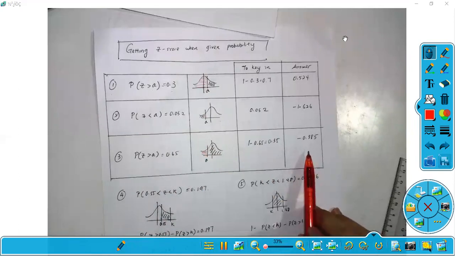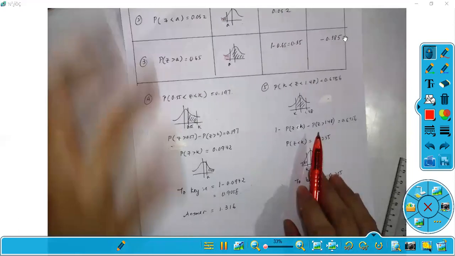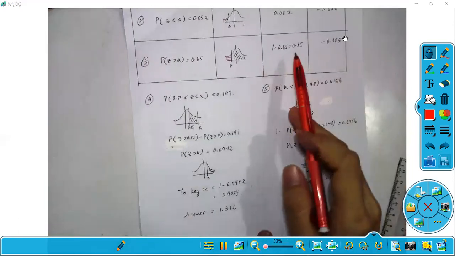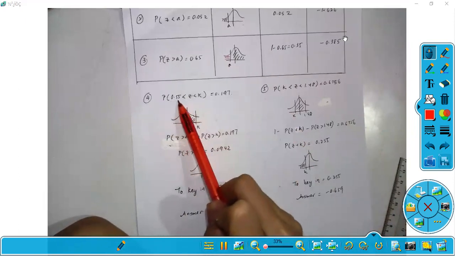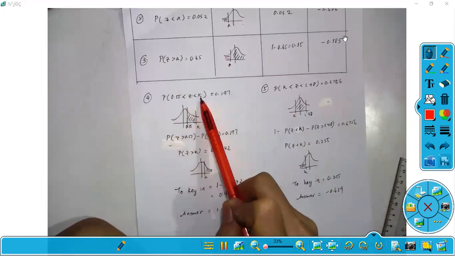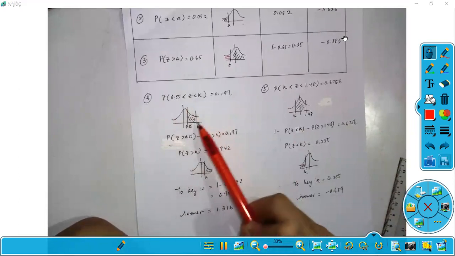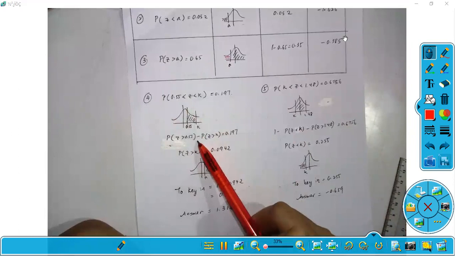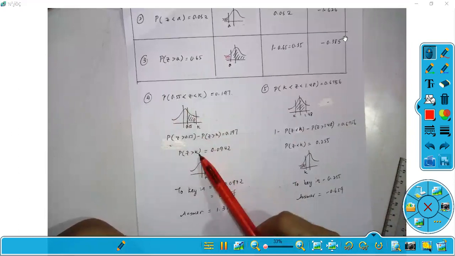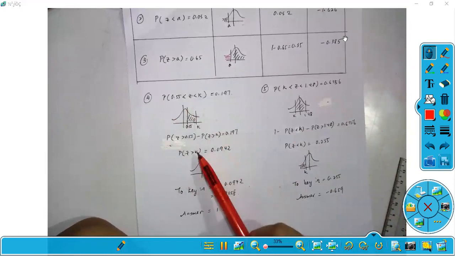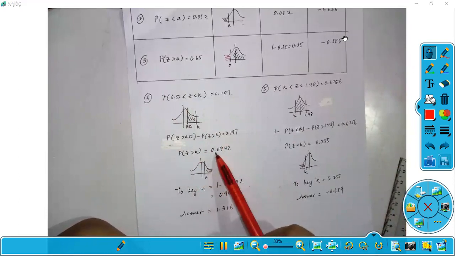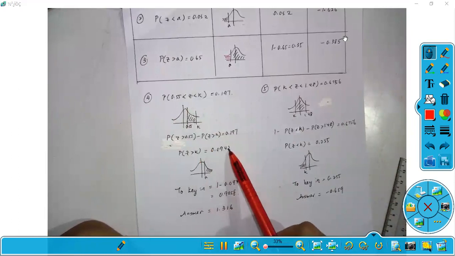For pattern number 4, this starts from 0.55 until K. So this is the graph. For this one, you have to do some calculation first in order to get the K out. So we do the calculation, and the probability for this part is only 0.0942.